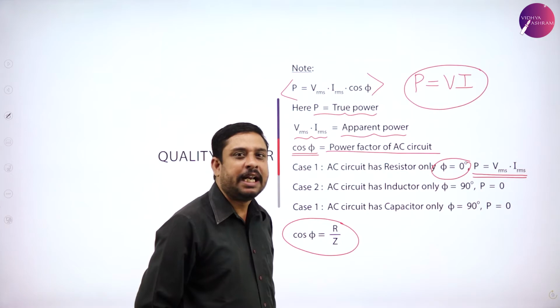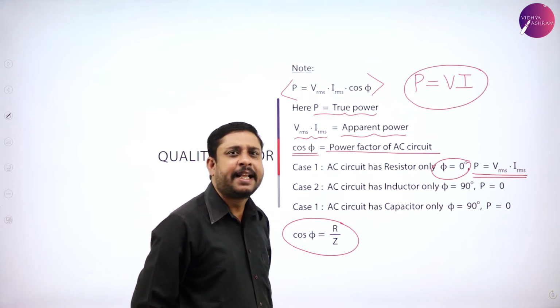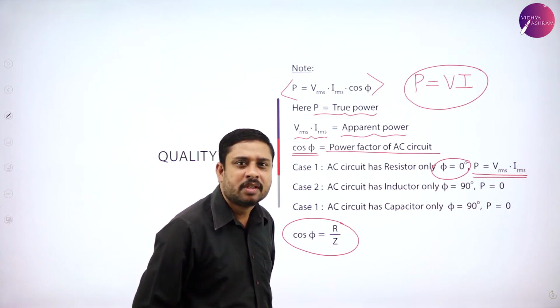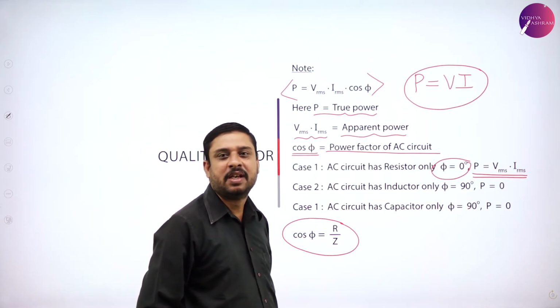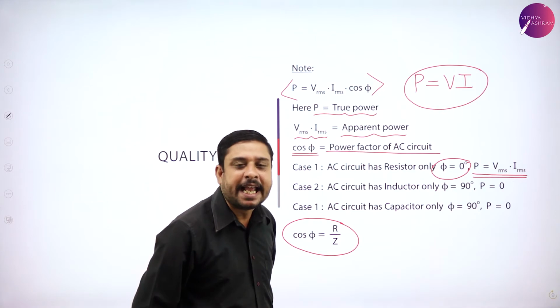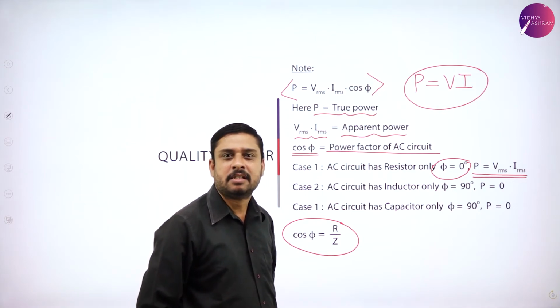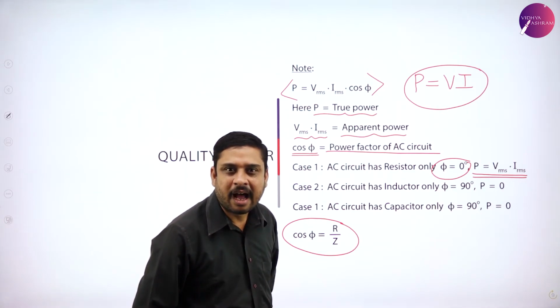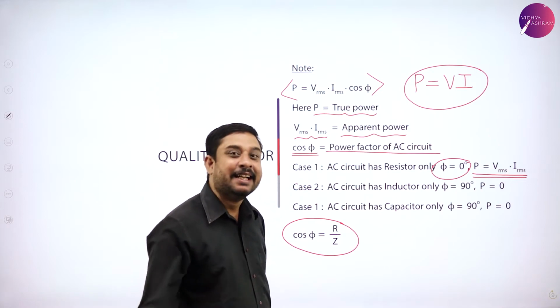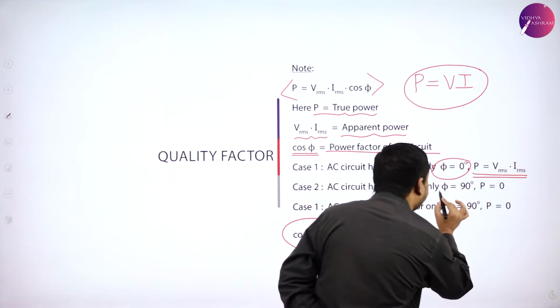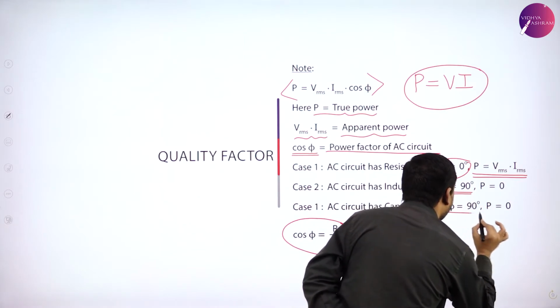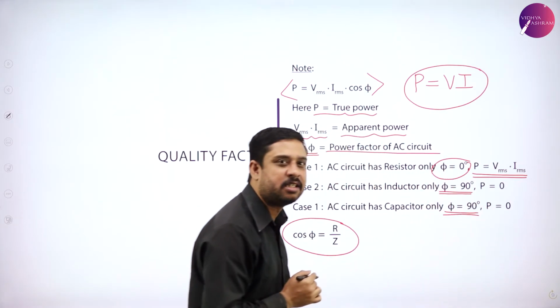What about purely inductive and capacitive circuits? Good. There was a phase difference of 90 degrees between voltage and current.